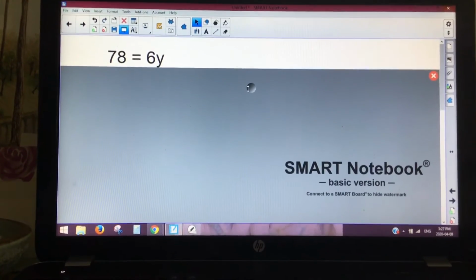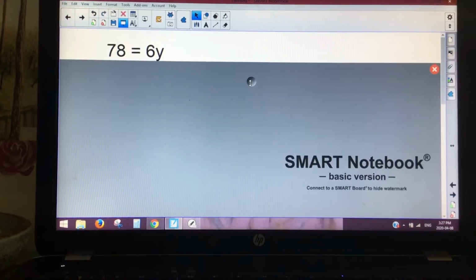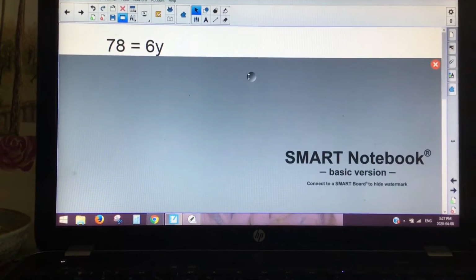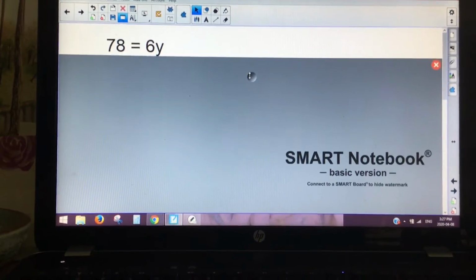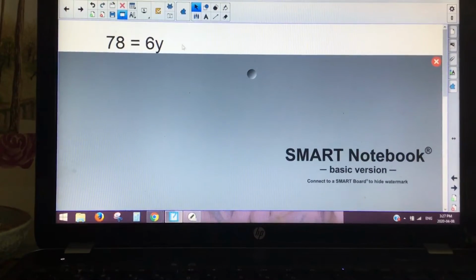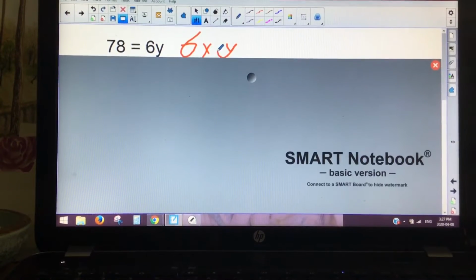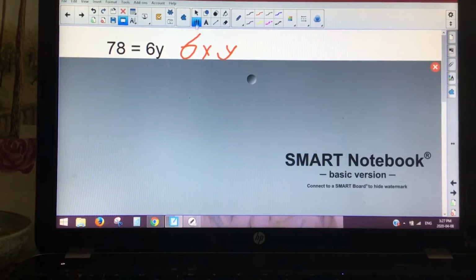Okay, try this one out. So pause it. Welcome back. We've got 78 is equal to 6y. 6y means 6 multiplied by y, but we don't write that in algebra.